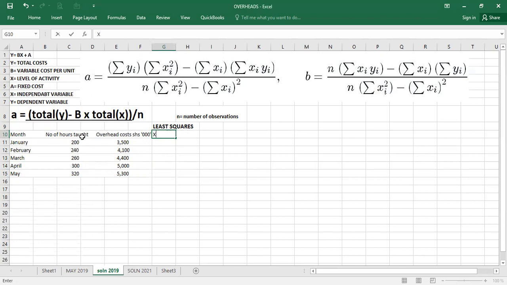but they say these are hours. The unit is hours. Then we need our Y value, which are in thousands. These are in shillings.